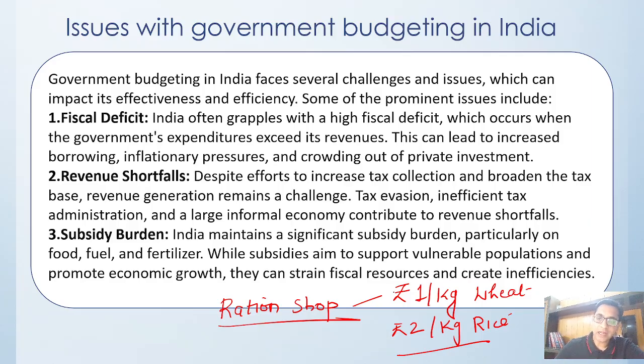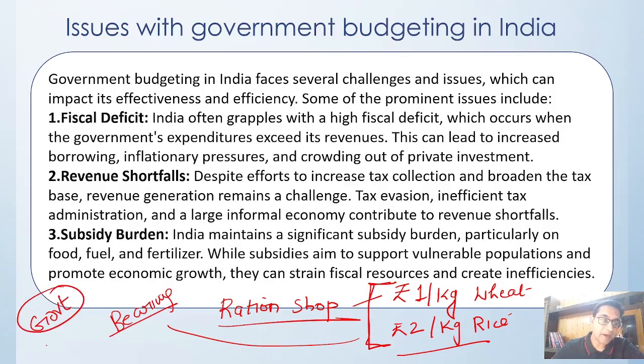So who is bearing that loss? It is the government. Government is buying at 20 rupees per kg and giving it to you at 1 rupee per kg. So the 19 rupees loss government is bearing in the form of subsidy that is to be given.